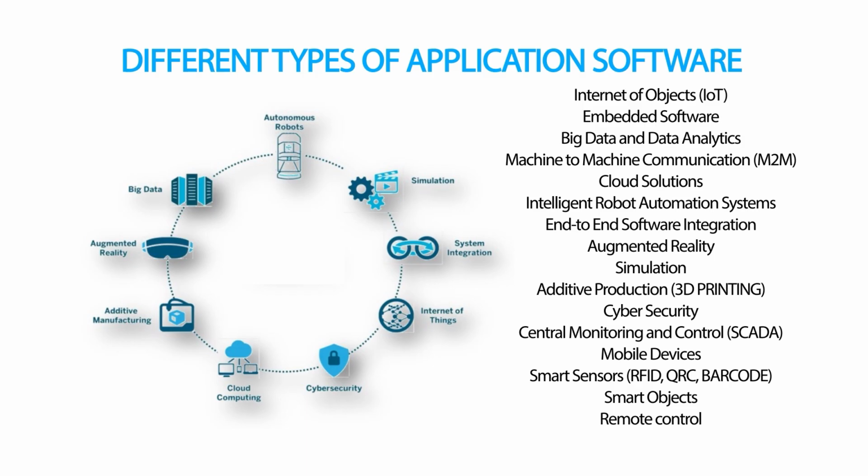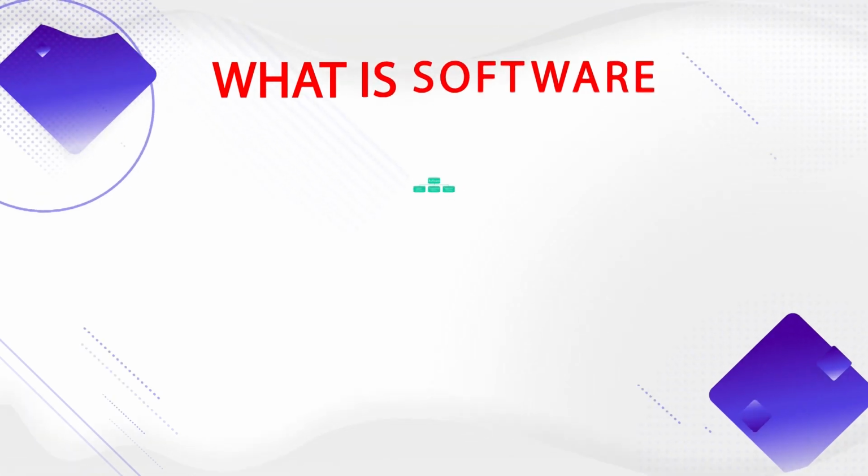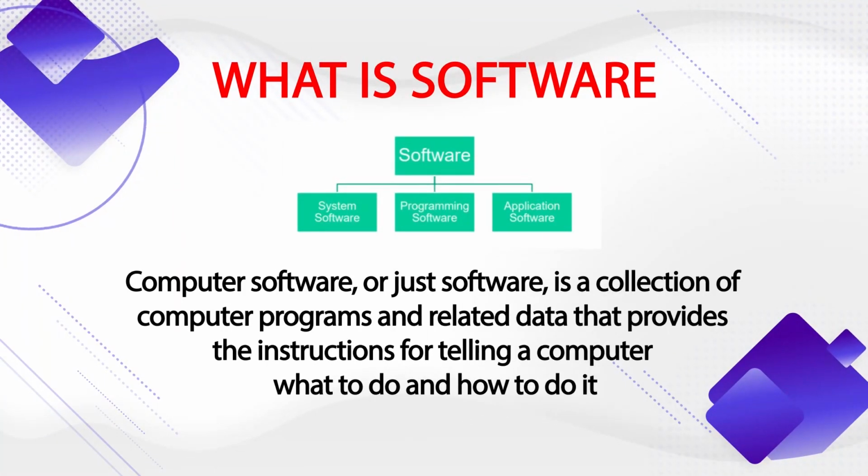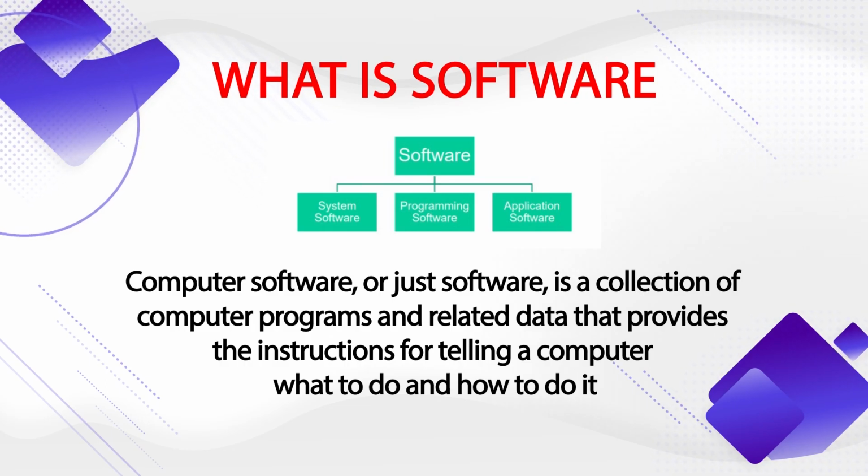So right now the talk is more about customization and application-based software. Simple software is no doubt useless, but if you develop application software that is application based, it is going to be fruitful and solve the purpose of how things are going to change.